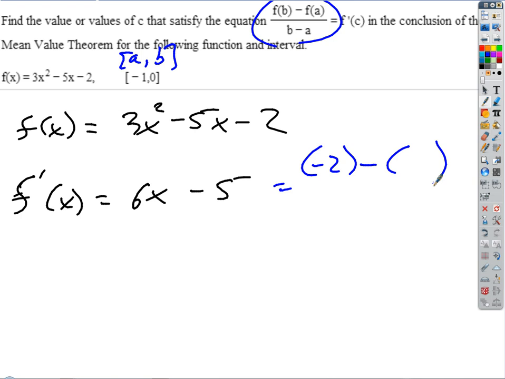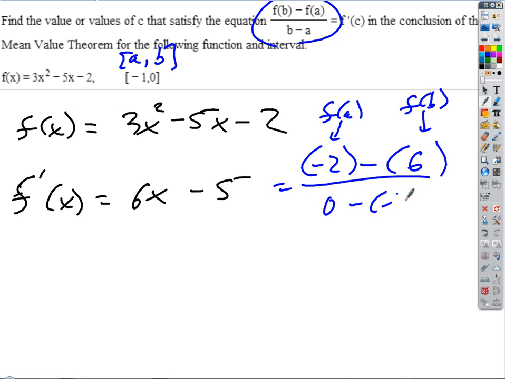No. I counted it up. 5 and then 8 minus 2, so 6. Okay. Right, does everybody see that? So there's f of a, there's f of b, over b minus a. 0 minus -1. Okay, all I did was just apply this, right?